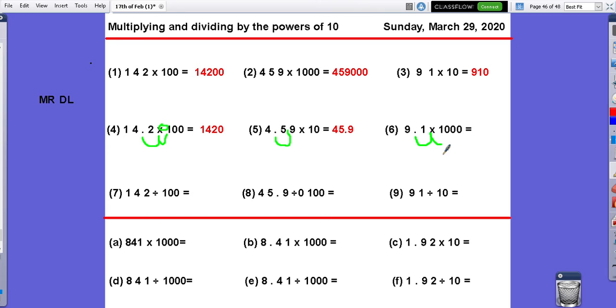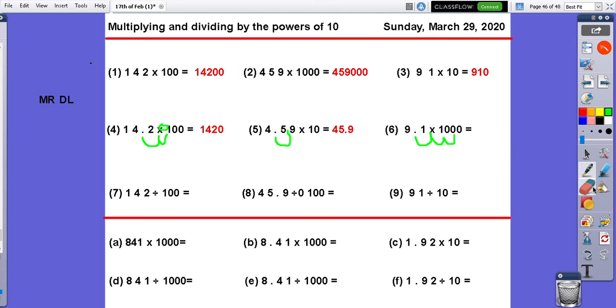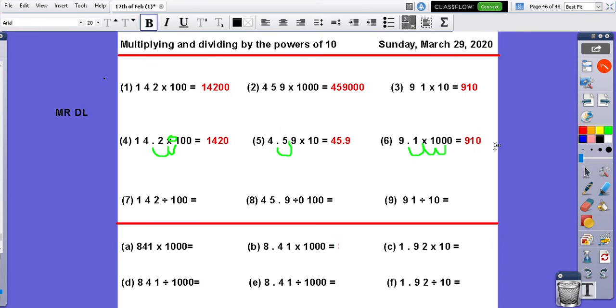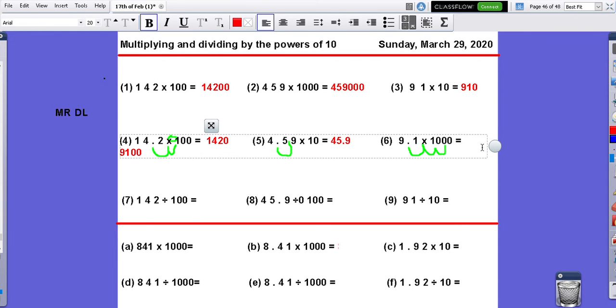I need another digit, so I need 2 more zeros than decimal point. 2 more zeros, so it's 91, 2 zeros. Oh, there's a 0 here that is missing, so it's going to be exactly 9,100.0, which is just the same as 9,100.